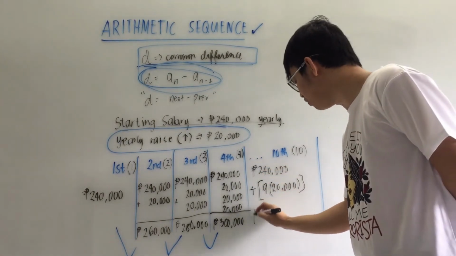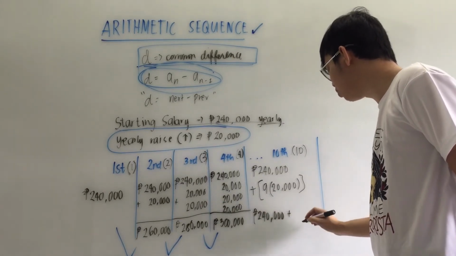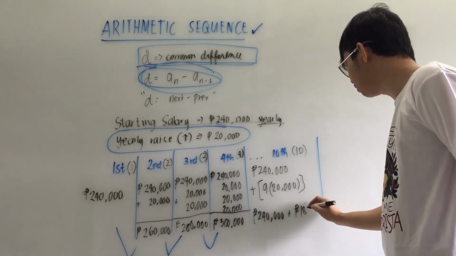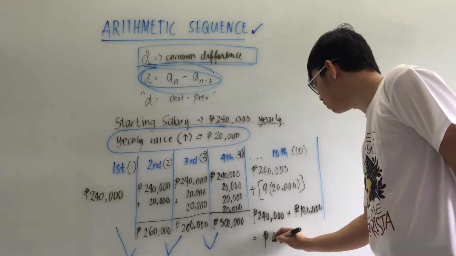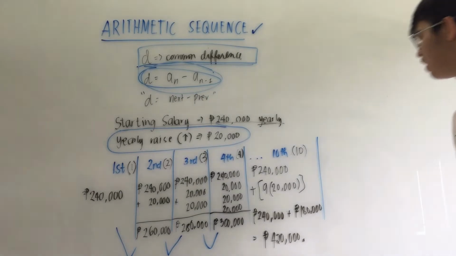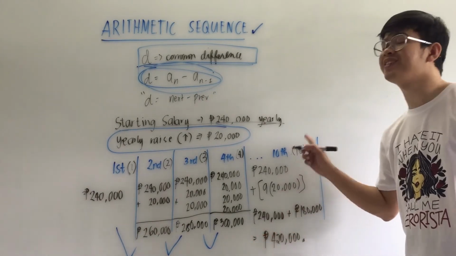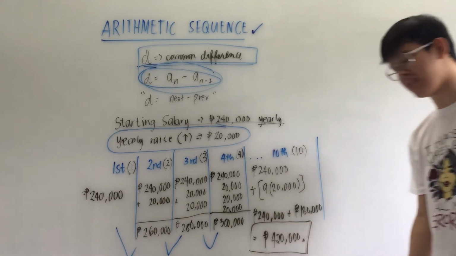So this becomes 240,000 plus what? 180,000, correct? Which will give you 420,000 pesos. This will be Jeff's salary for the 10th year. The salary will be 420,000 pesos for the 10th year.